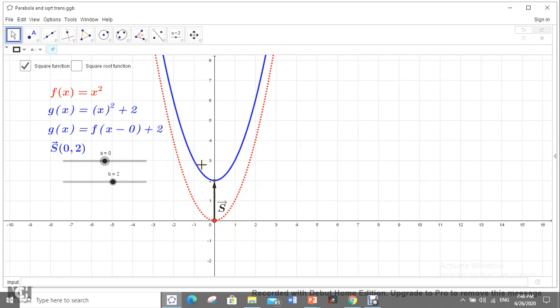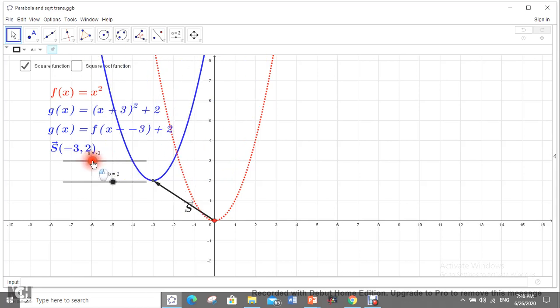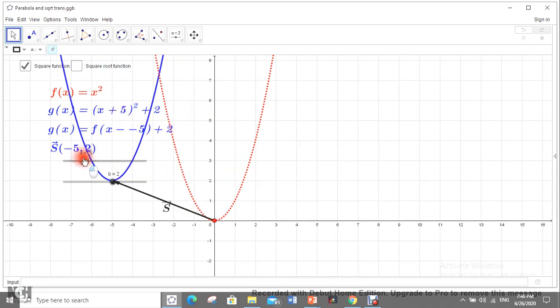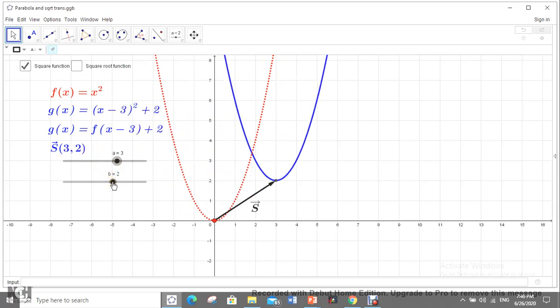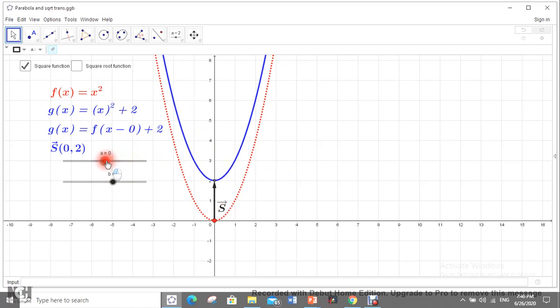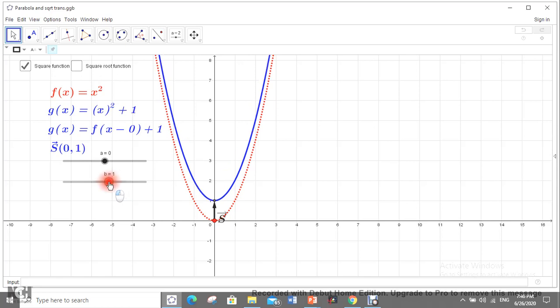So this is the curve of g, which is an image of f. Also, if we change more and more the value of a to get different positions, let's make a 0 value, and b, let's change it, which is 2 now, it will be 1.